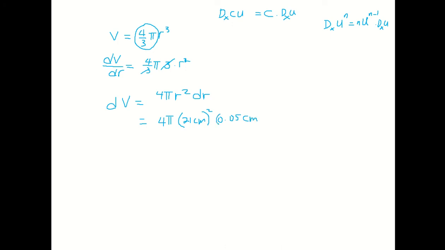Multiplying, so what is our dV? dV is approximately equal to, I think, 277. Try to check. The unit here is in terms of centimeter cube, because you square cm, so cm squared times cm would be cm cube.